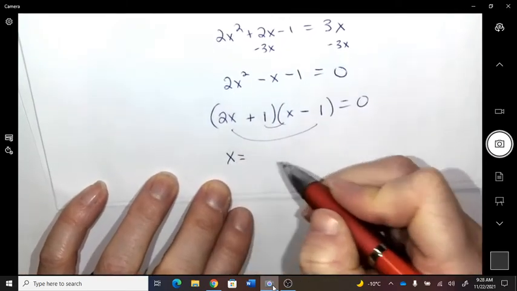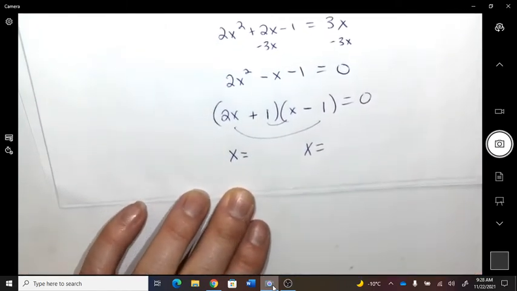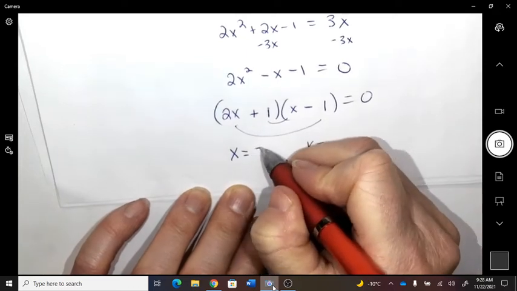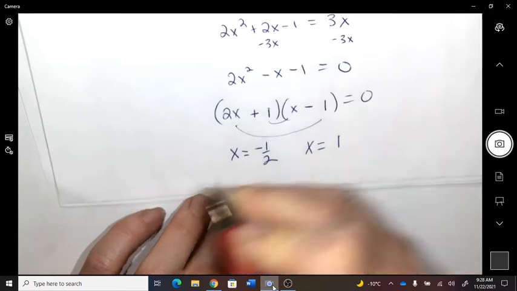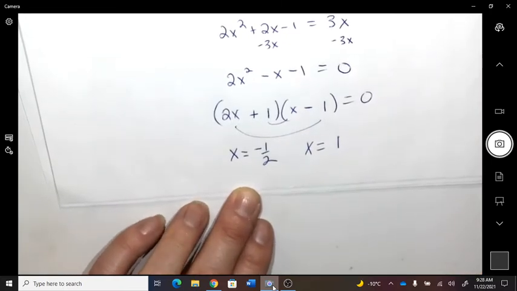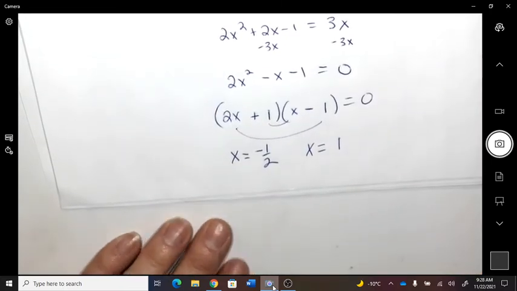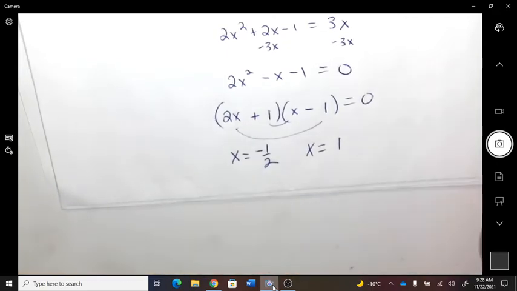So x equals negative a half or positive 1. So I'm going to go back.